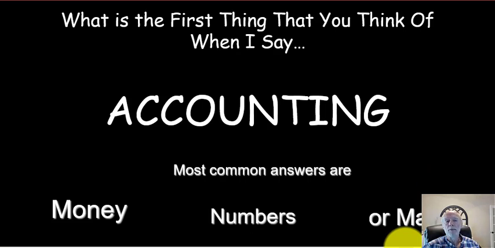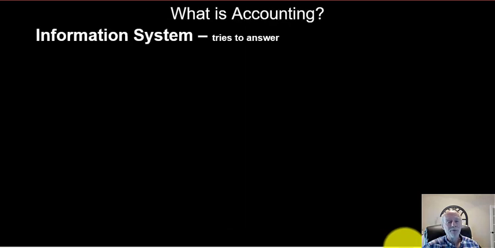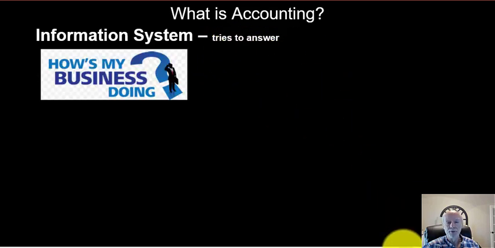What this class is all about is an information system. And that information system is going to try to answer, how is my business doing? So it's all about, how is my business doing? Are we in the hole, or can we improve some other product? It's all about answering that question.